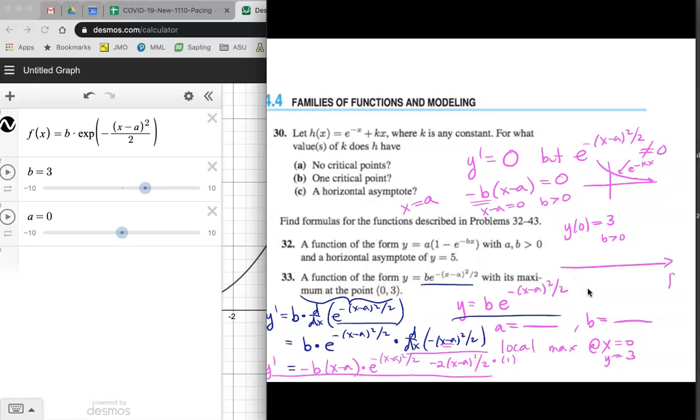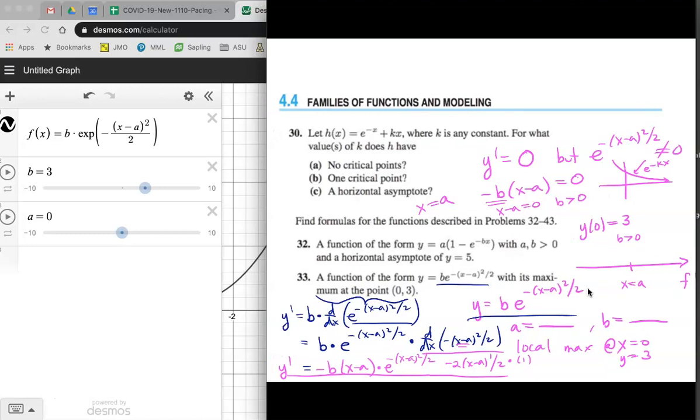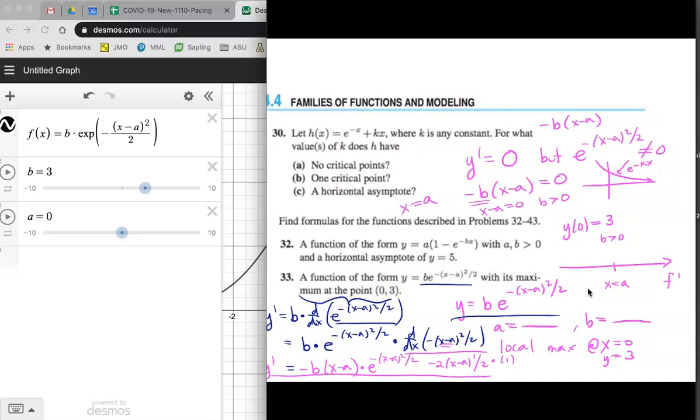So when we create a sign line for f prime, when x is equal to a, that is our critical number. And this derivative right here, y prime, the sign of it is going to depend on negative b times (x minus a). B is going to have to be positive, and when x is bigger than a, you'll look at negative b times (x minus a).